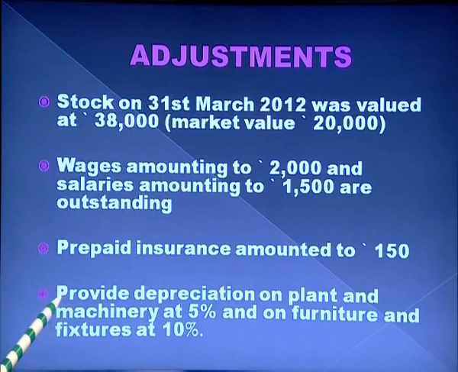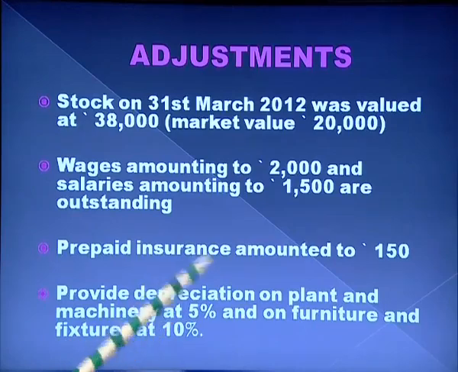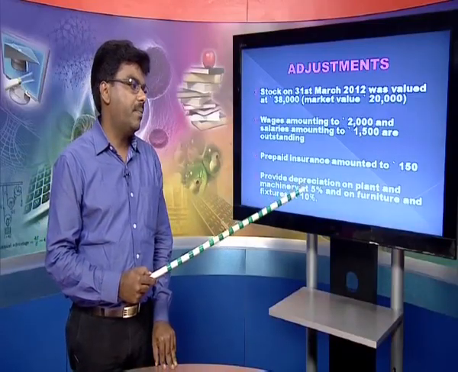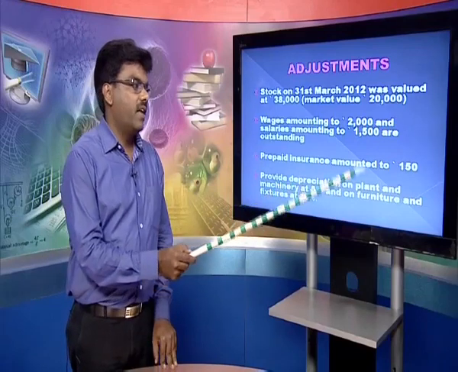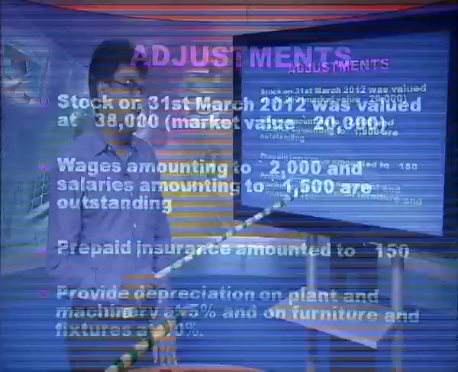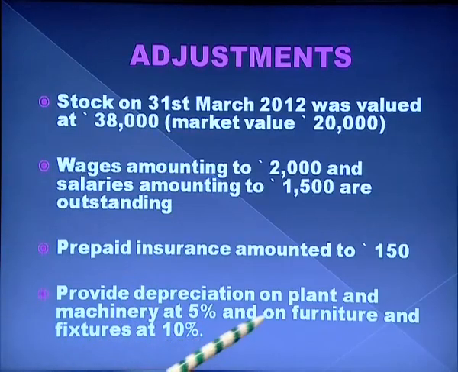And the last adjustment is provide depreciation on plant and machinery at 5% and on furniture and fixtures at 10%. So, as I told you in adjustments, first we have to calculate the depreciation amount. What is the value of plant and machinery, and thereafter we will take the depreciation at the rate of 5%, and for furniture, what is the value of furniture, and the rate of depreciation is 10%.